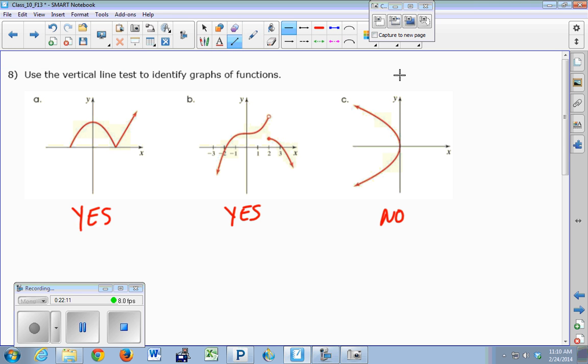If I use the vertical line, which is your y-axis, if I just say a vertical line, that only hits that in one spot. So that's why you have to consider any vertical line that sweeps across this graph. And so this hits it in more than one spot, so this is not a function.